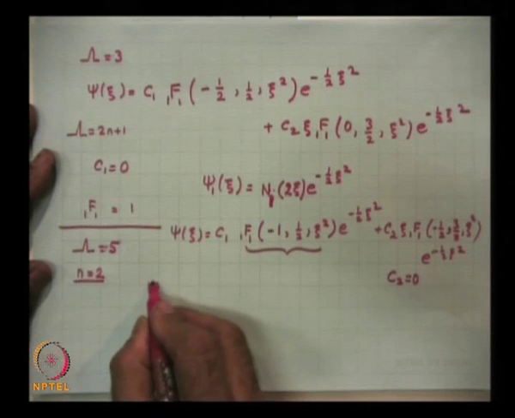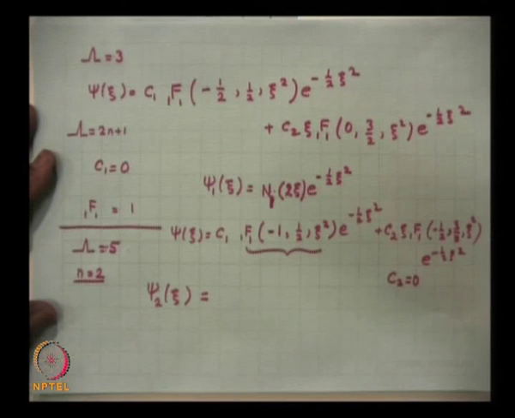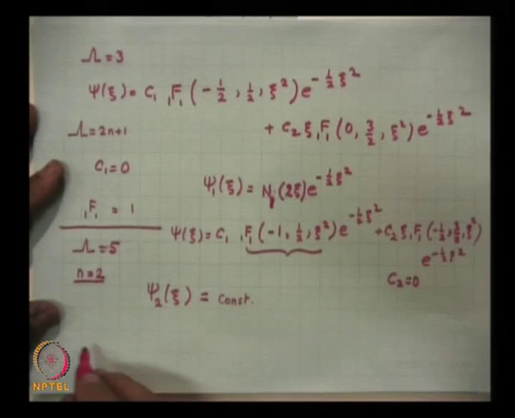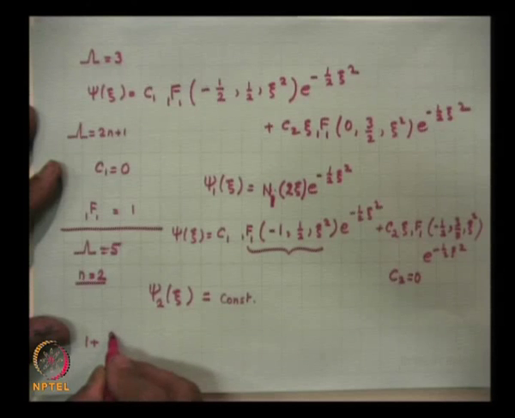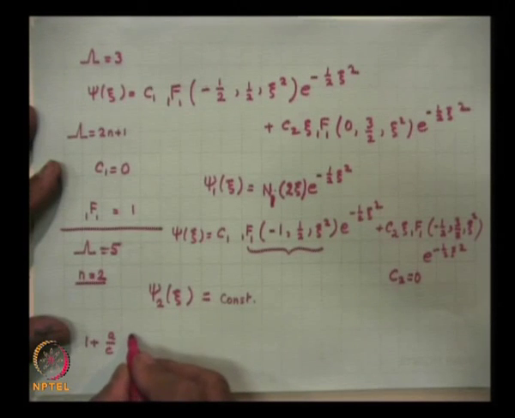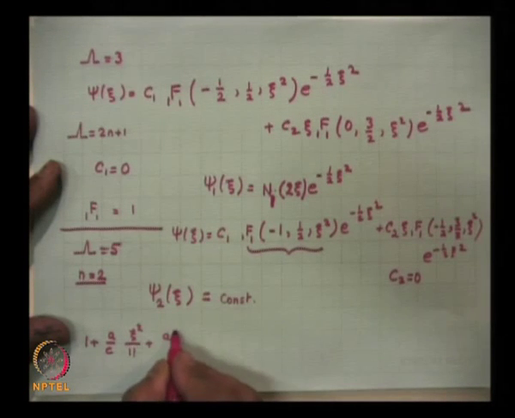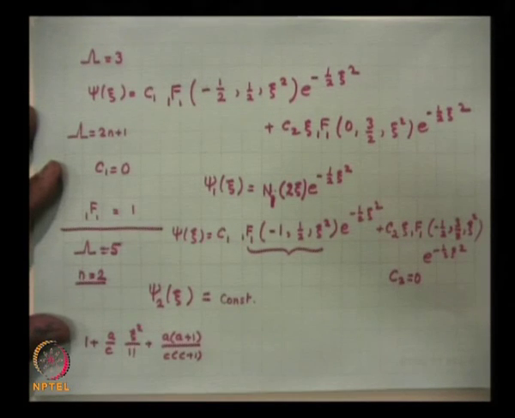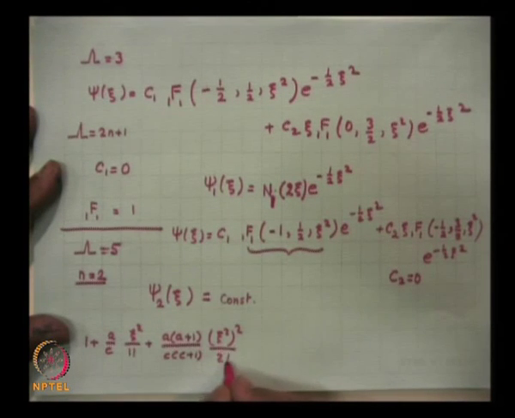So, I write psi 2 of xi equal to some constant, and you remember that the F11 function was 1 plus a by c xi square by factorial 1 plus a into a plus 1 into c plus 1 xi 4 by factorial 2 xi square whole square by factorial, plus so on.